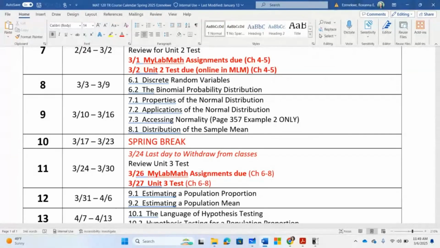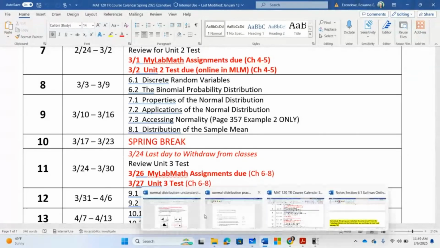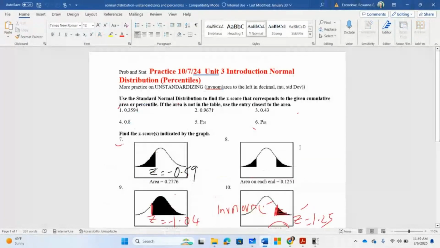Okay, so we have done 6.1 and 6.2. Next week we shall continue with 7.1, 7.2, and 7.3. I want us to actually do some 7.1 today, and then we can continue next class. We have already done some of 7.1, but let's look at it again.